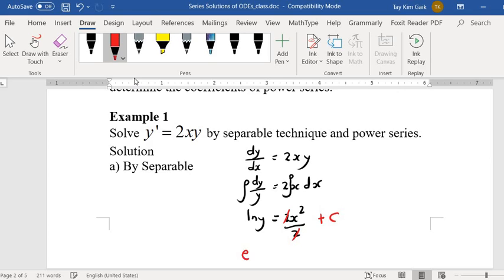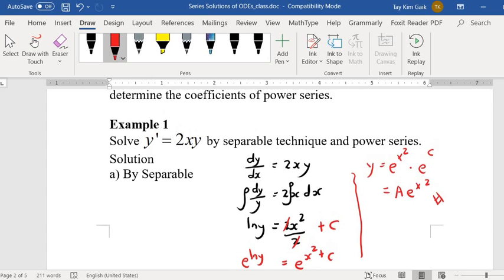So you get e to the ln y equal to e to the x squared plus C. Then e to the ln y is actually y, and e to the x squared plus C we break into e to the x squared times e to the C. e to the C is a constant. Let's rewrite it as A. So the solution by the separable technique is y equal to A e to the x squared.